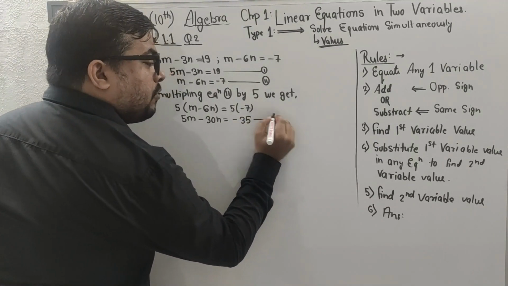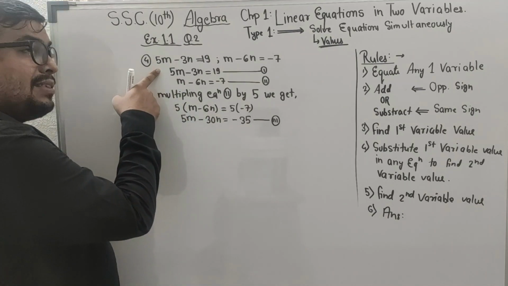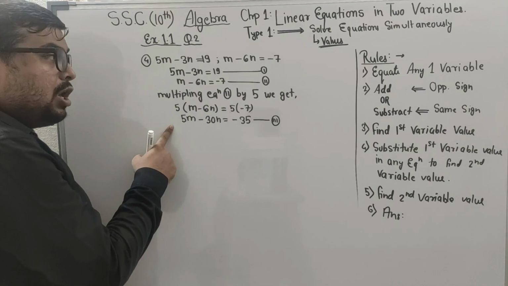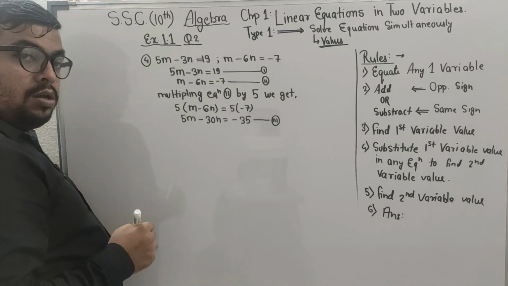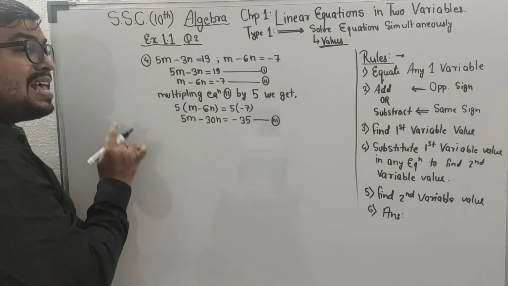Equation number 3. Now students, equation 1 has 5m and equation 3 also has 5m. You have to solve these two. Okay. Now both the 5m have same sign.